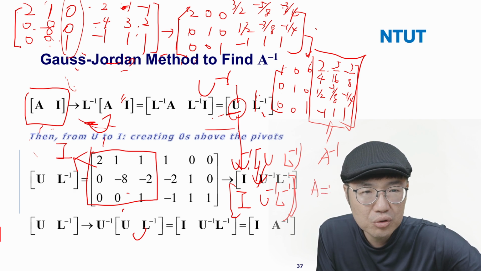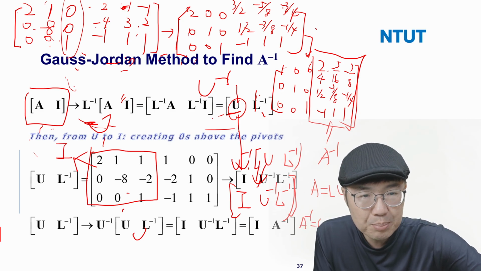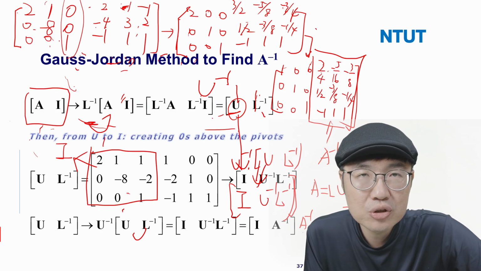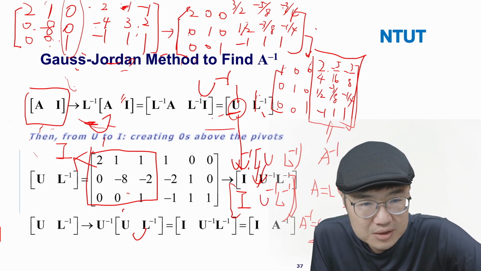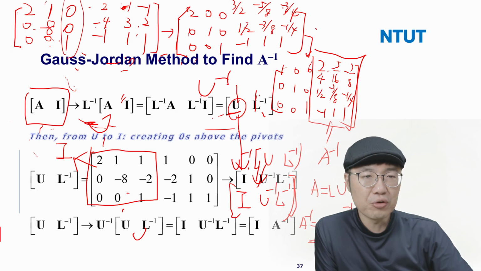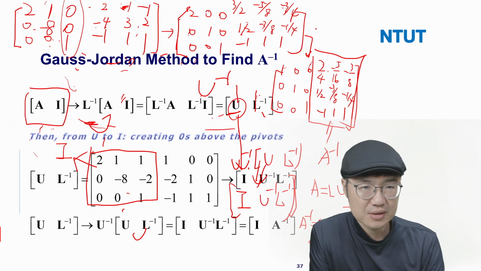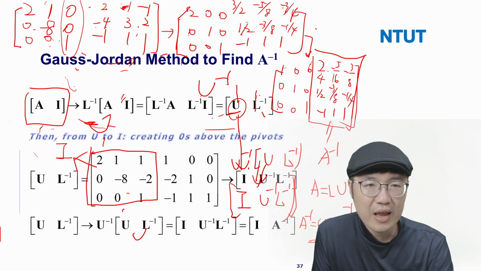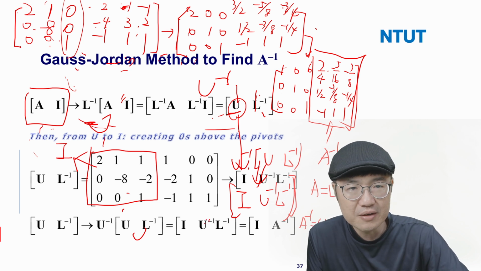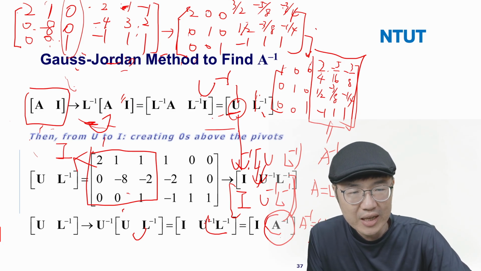A equals LU, and the inverse of A would be the inverse of LU, and due to the nature of matrix manipulation, (LU) inverse will be U inverse and L inverse. So it is U inverse and L inverse that appears in the end, and U inverse L inverse happens to be A inverse. So this is why we generate A inverse here.